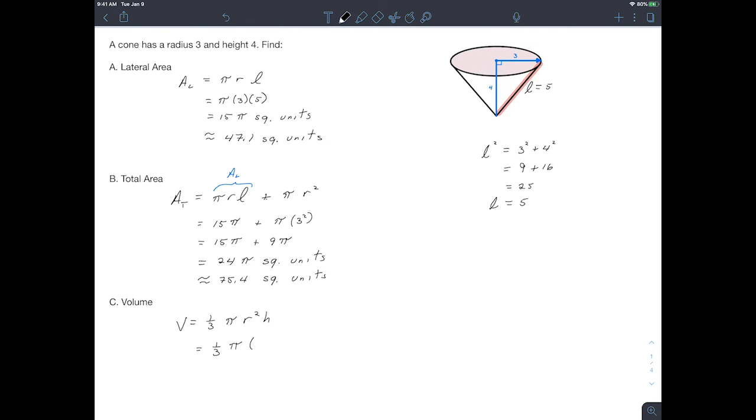Our radius is 3, so that's 3 squared, and our height is 4. 1/3 times the 3 squared, 9, times 4 will give us 12 pi. And again, this is now cubic units. And the approximate is 37.7 cubic units.